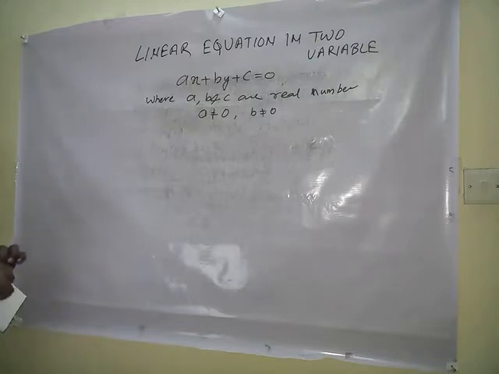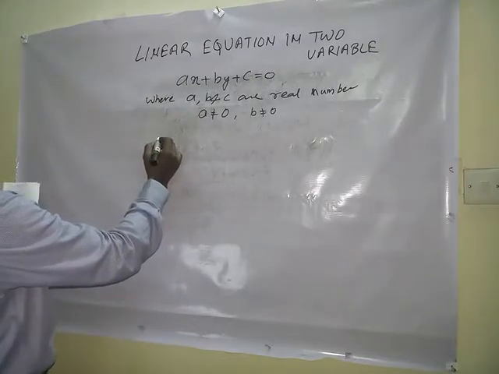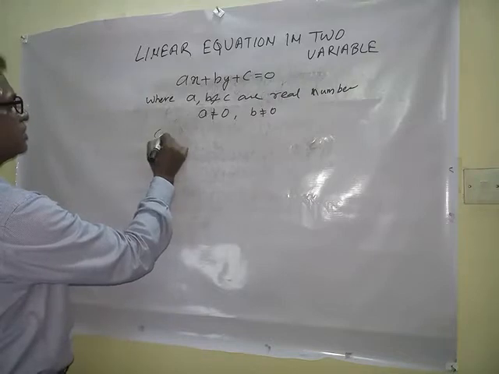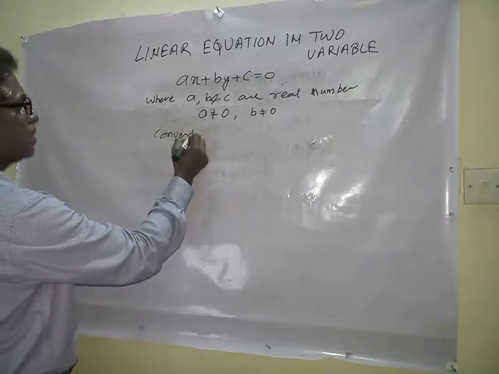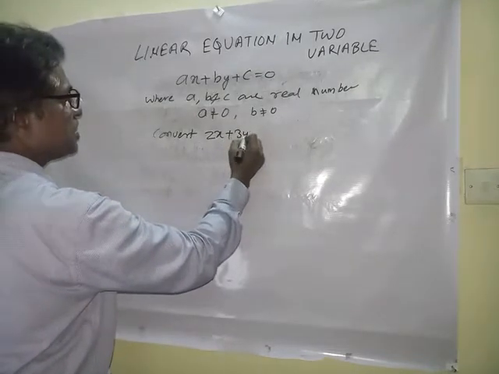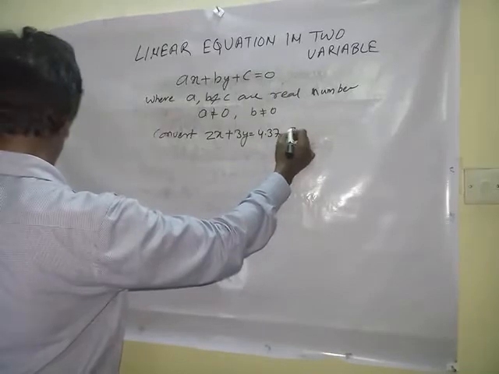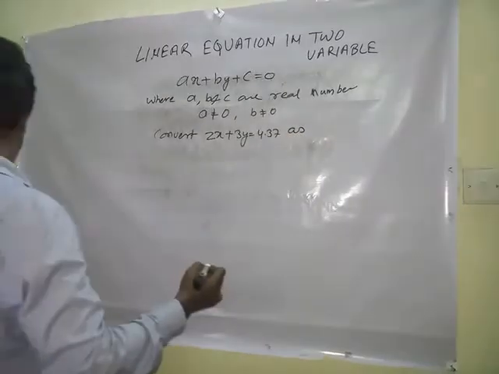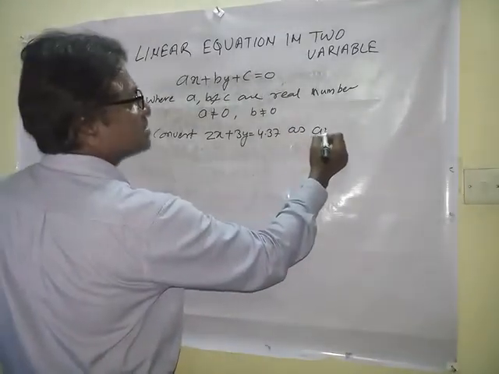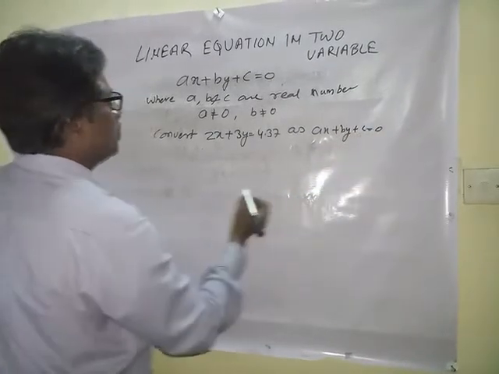It's a very simple and easy topic. Some examples: this equation is given, convert 2x plus 3y is equal to 4.37 into ax plus by plus c is equal to 0.